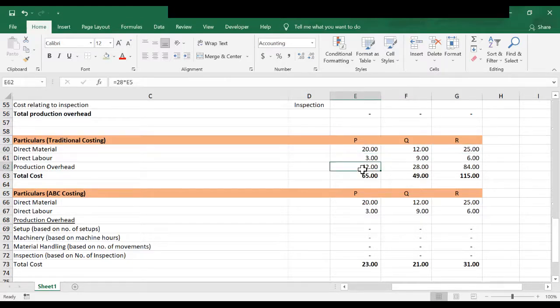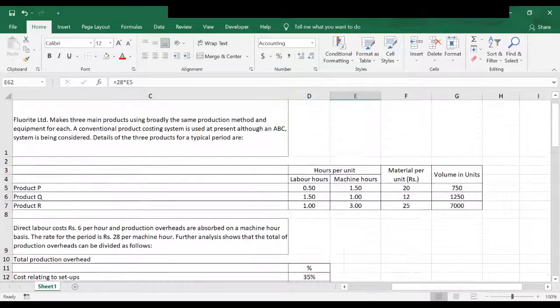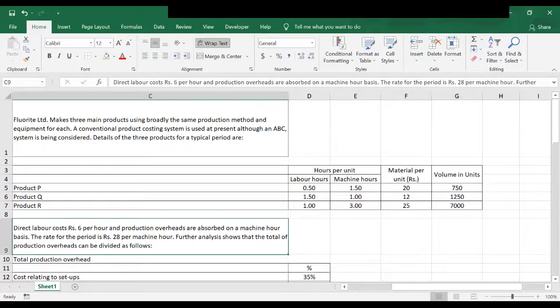Now the tricky part is this production overhead, but still in traditional costing it's not that complicated. They've given us the machine hour rate, the rate for the period. Whatever the production overhead is, we are absorbing that cost on the basis of machine hour rate at 28 per machine hour, and they've given us machine hours per unit.